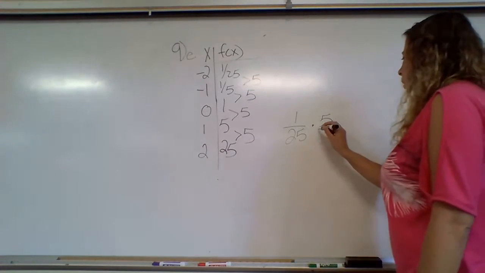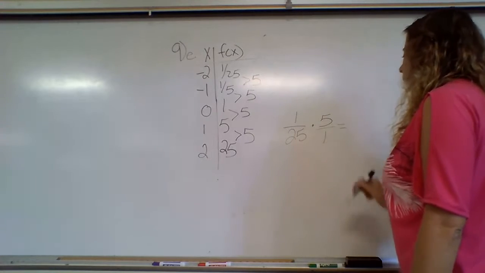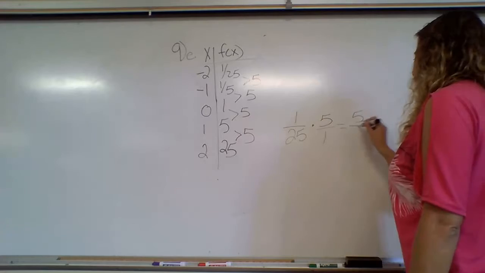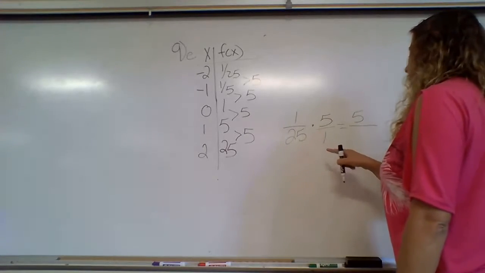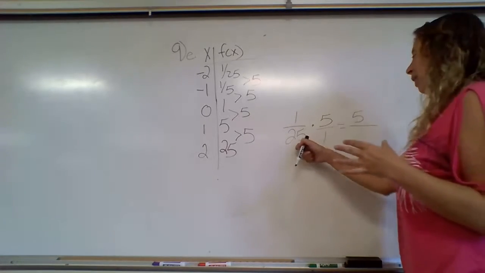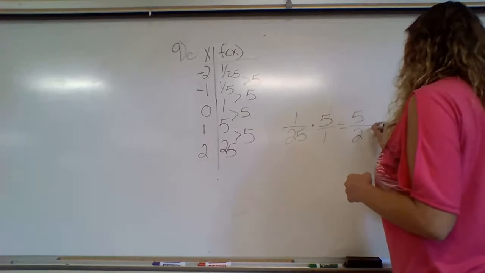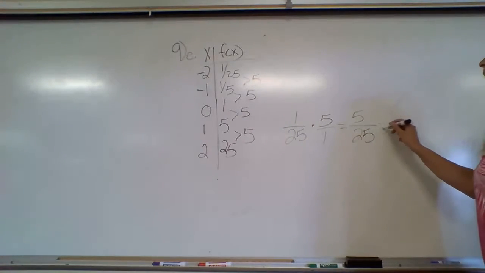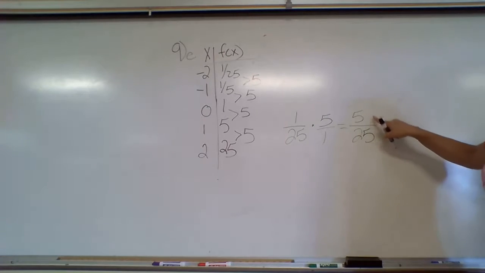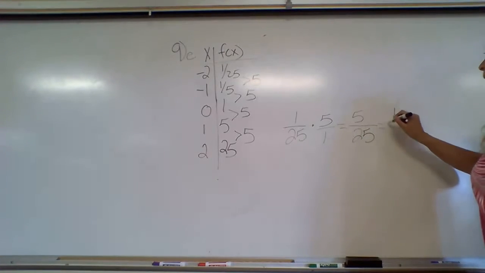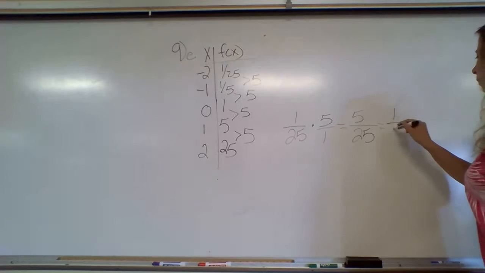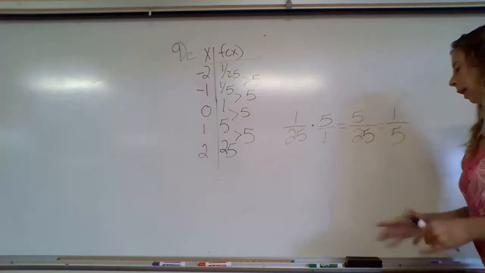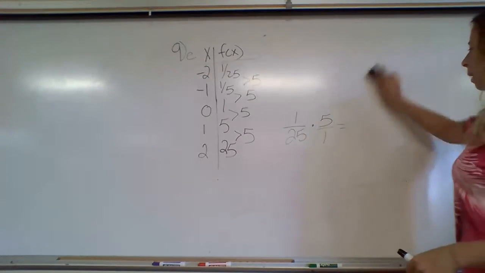So you can always put your 5 over 1, multiply straight across. 5 times 1 is 5. 25 times 1 is 25. And then you have to reduce. You can divide both by 5. 5 divided by 5 is 1. 25 divided by 5 is 5. So 1/5. Okay. So we're multiplying by 5 each time.